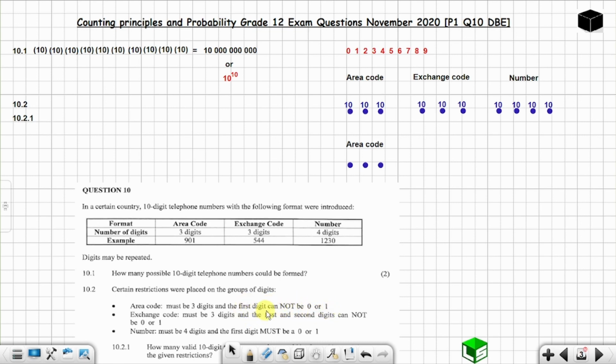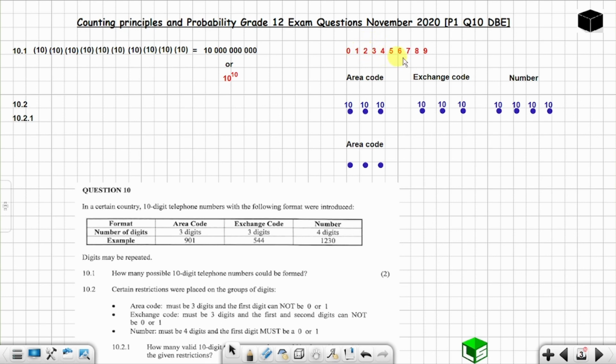The first digit cannot be 0 or 1. You can see in this example, the first digit is 9. Now the restriction says the first digit cannot be 0 or 1, so you are going to exclude 0 and 1.